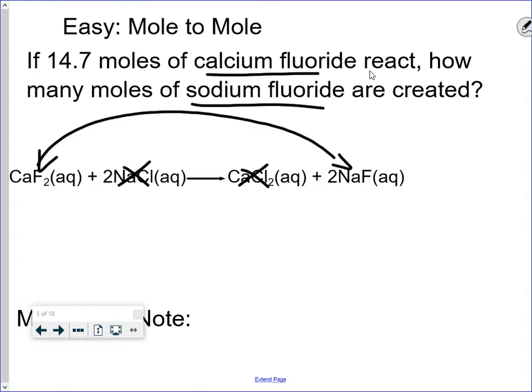Now let's write down everything we know. We have 14.7 moles of calcium fluoride. It's asking us to solve for moles of sodium fluoride, so I'm going to write question mark mole sodium fluoride.